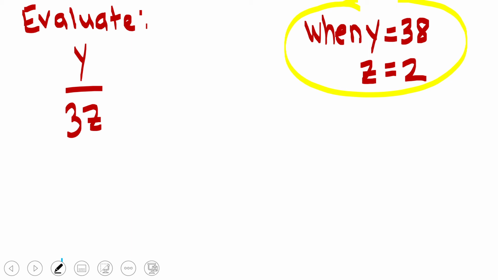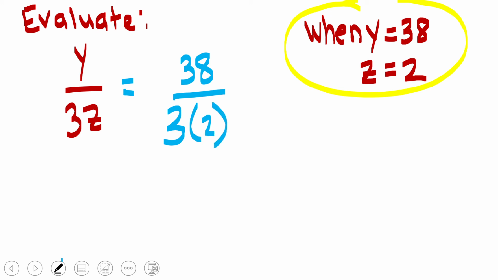So when we substitute 38 in for y, we replace y. When we substitute 2 in for z, then I'll replace z. So this equals 38 divided by 3 times 2 is 6.